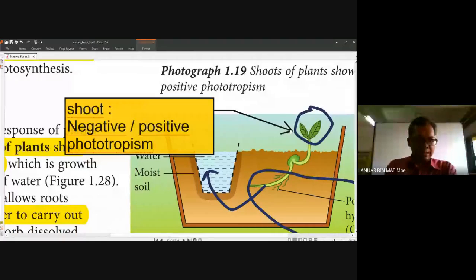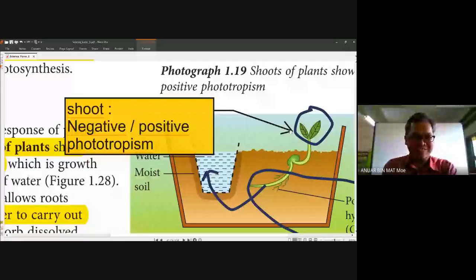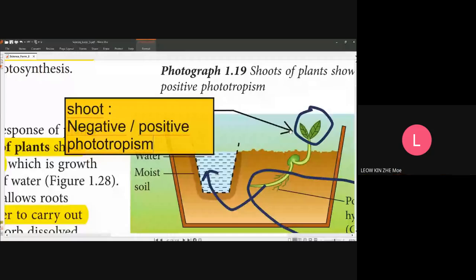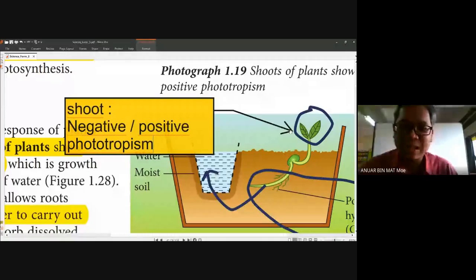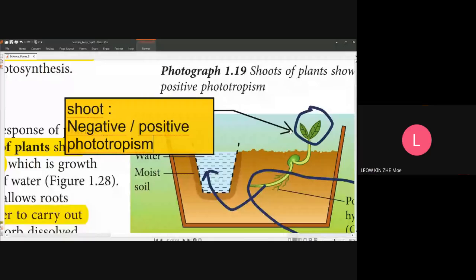Everybody. Positive. Sorry. Positive or negative phototropism for the shoot? Positive. Okay. Shoot is positive phototropism.